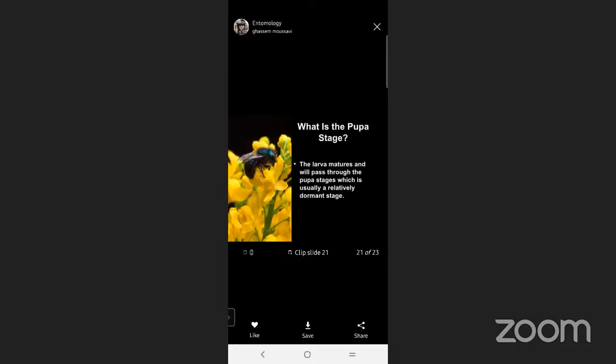Next, coming to the ninth segment of this particular grasshopper, we see a male bears the subgenital plate.